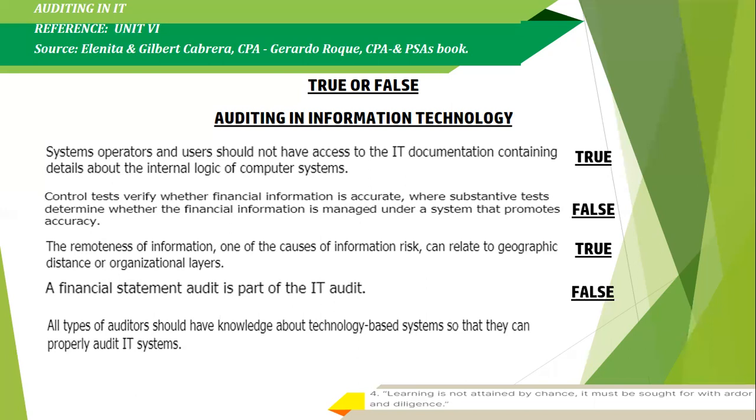Again, the objective is the responsibility of auditors to obtain sufficient understanding. We should have knowledge about technology system so we can audit. We are not really experts, but we need sufficient knowledge, as the standard says. That's true.